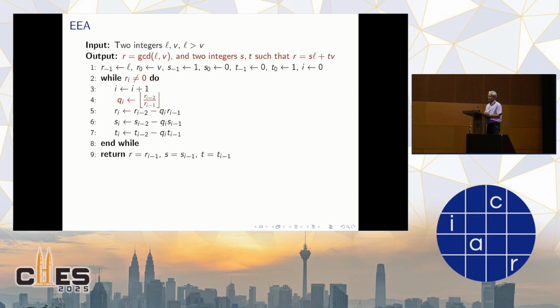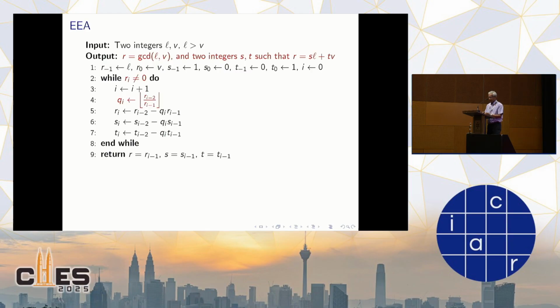As the length of T increases and the length of R decreases, if you can stop midway, then we can expect to see that the length of R and the length of T is about half the length of L.